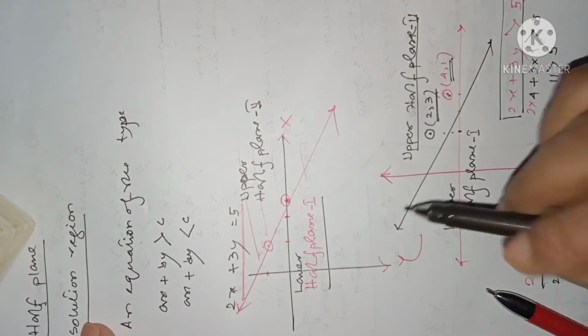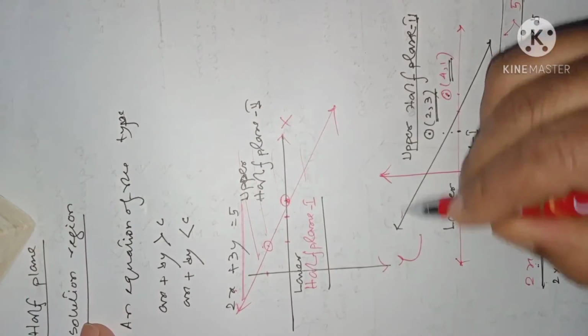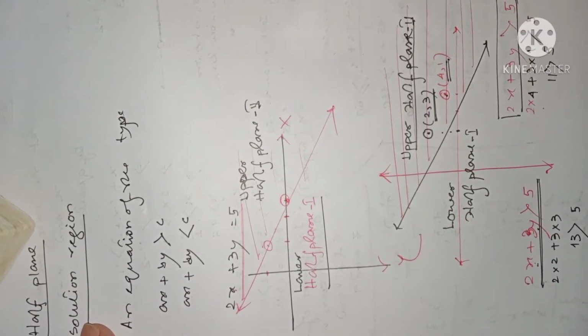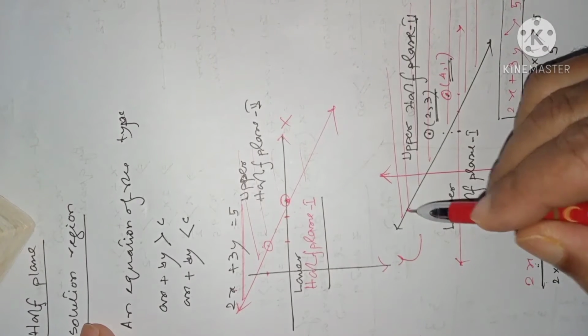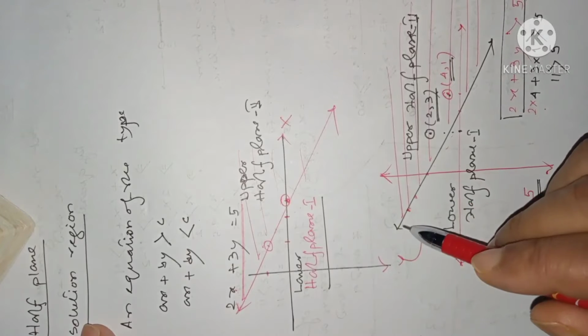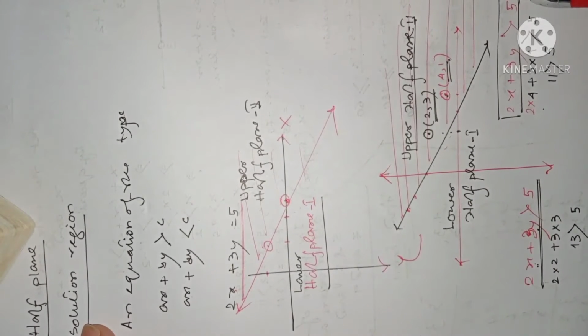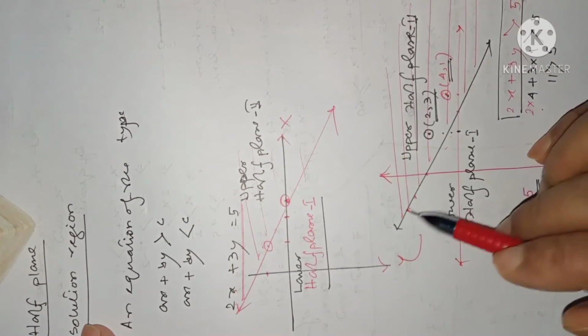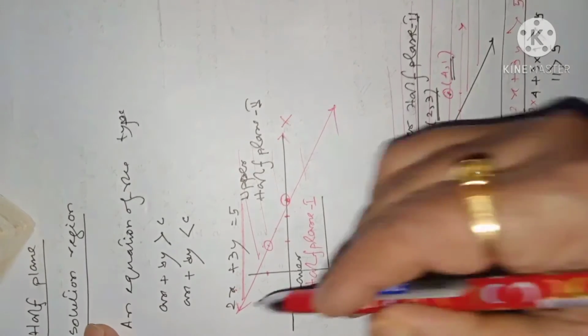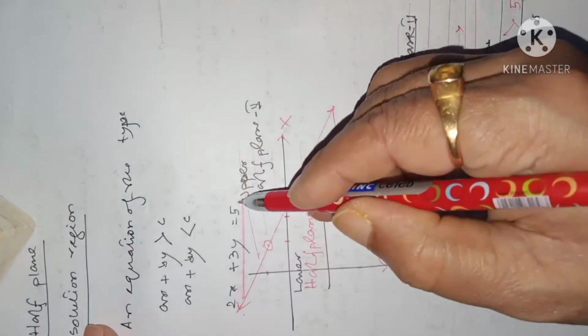The points lying above this line can all satisfy it, but not points on the line, because points on the line satisfy only the equation 2x plus 3y equal to 5.